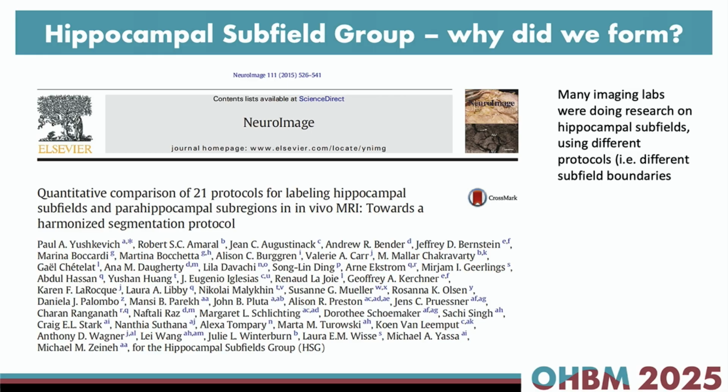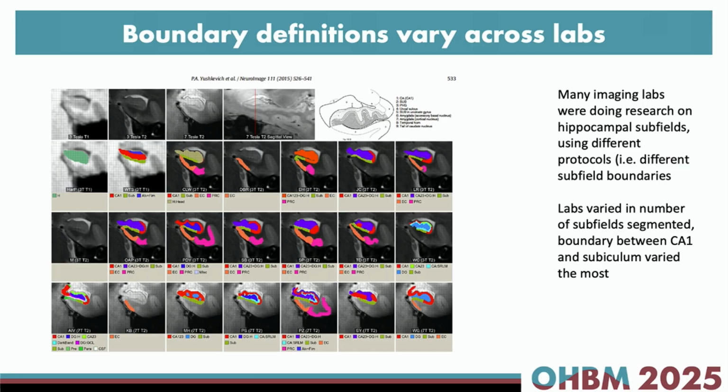And so in 2015, we put out this paper where we had each lab take the same MRI, segment it using their own lab protocol, and we demonstrated that there was remarkable variability in the definitions people were using to place the boundaries between regions like CA1 and subiculum, for example.